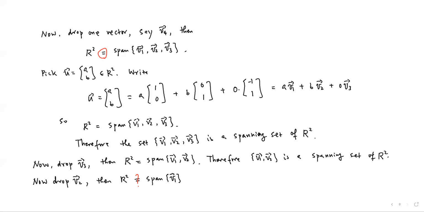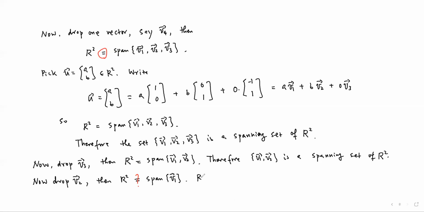Now this time, I don't think so. What is V1? 1, 0 is V1. How to see? R2 is not spanned by V1. V1 can only span a line through the origin.